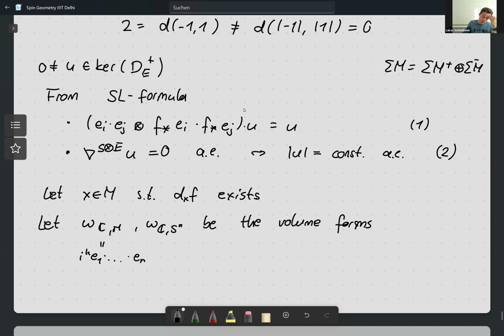And I said that it squares to 1, and Sigma M plus and Sigma M minus are the plus and minus 1 eigenbundles of this volume element.